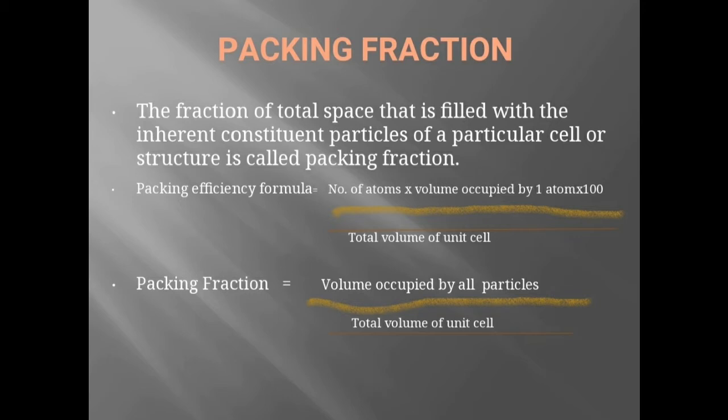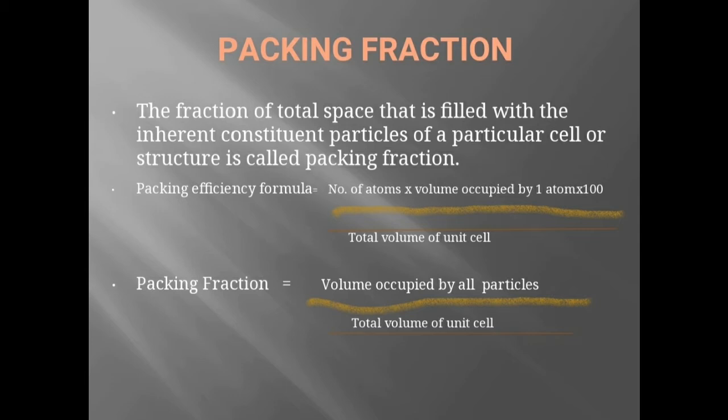Simply we can say how much of atoms can be packed in a particular cube, that is what is called packing efficiency. So simply you can define this as how many atoms or molecules are present within a cube.